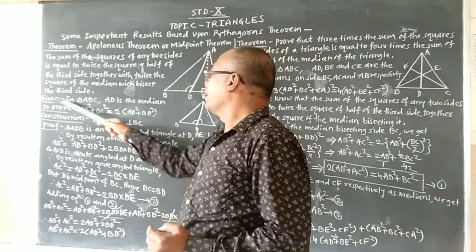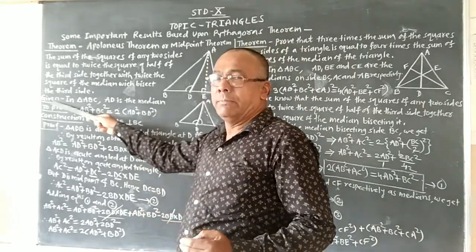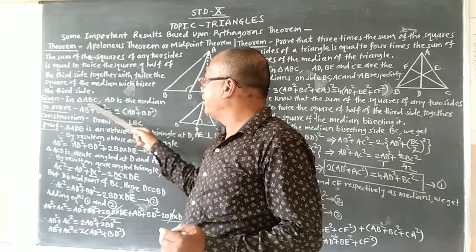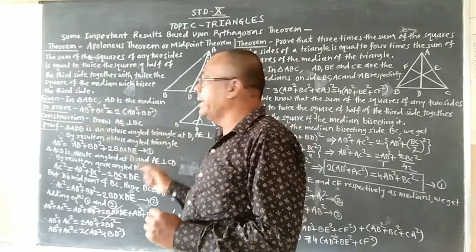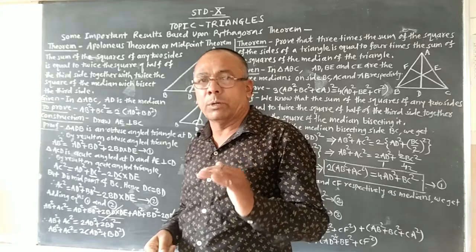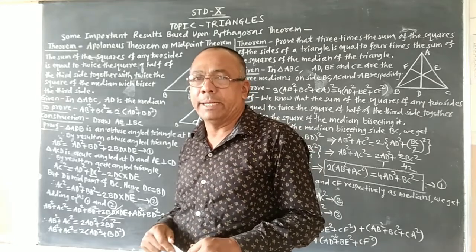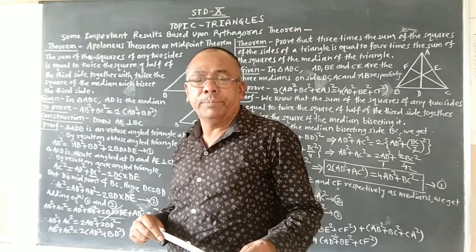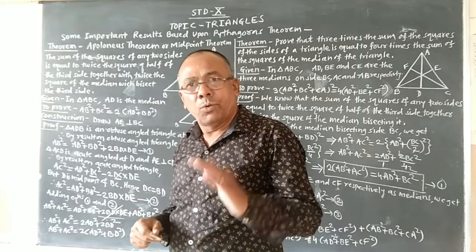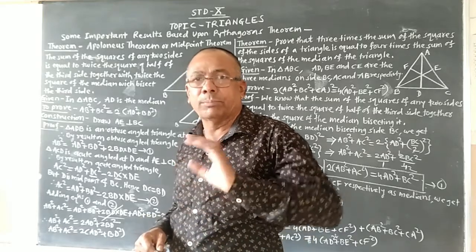Here first of all we will see that given in a triangle ABC, AD is the median. Means first of all we have to remember that the Apollonius theorem is applied only when the median of the triangle is given.